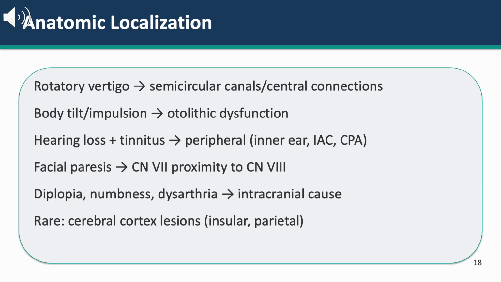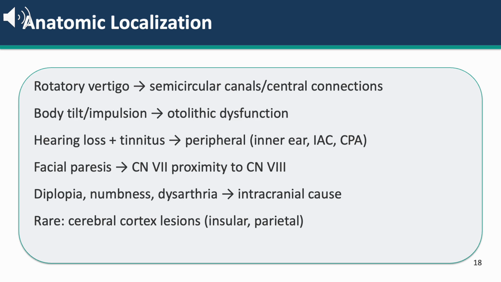Because the motor fibers for facial expression pass in the 7th cranial nerve in close proximity to the vestibulocochlear sensory fibers in the 8th nerve, peripheral-type facial paresis may be associated with lesions of the internal auditory canal, cerebellopontine angle, or brainstem.